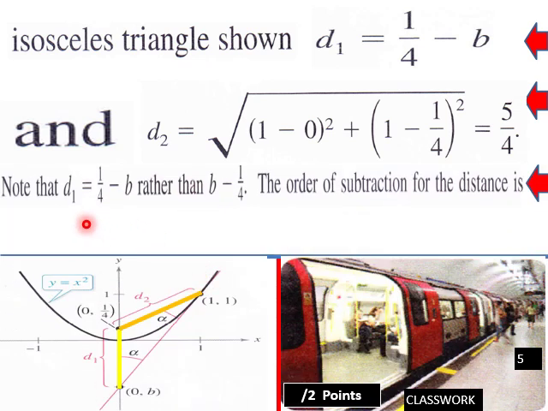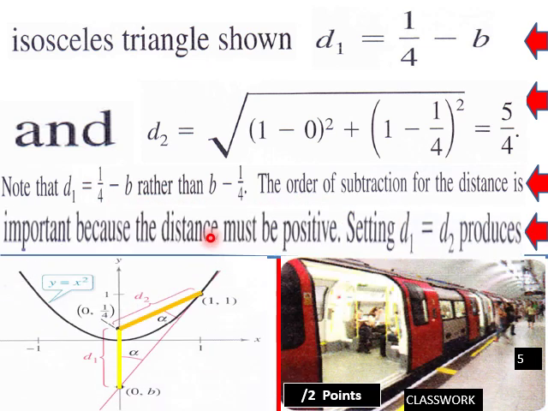Note that d1 equals 1/4 minus b, rather than b minus 1/4. The order of subtraction for the distance is important because the distance must be positive.